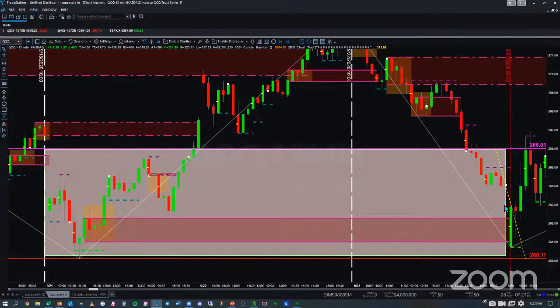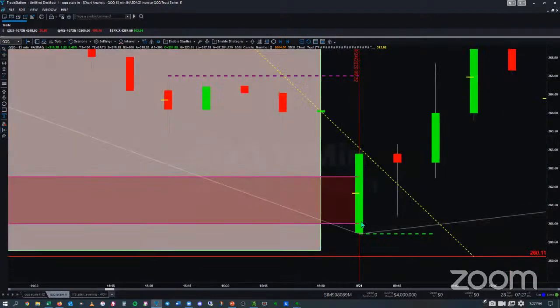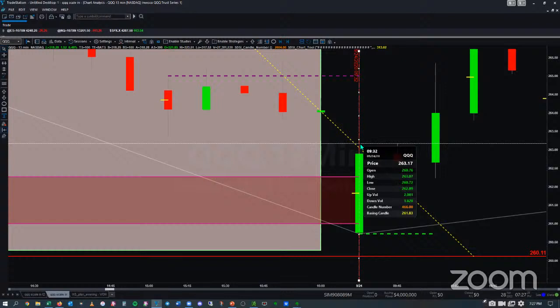So let me make sure you understand the timing of all this. Let me blow this up a little bit. So this candle right here is your 1600 candle. And this candle right here is the first candle of the day.